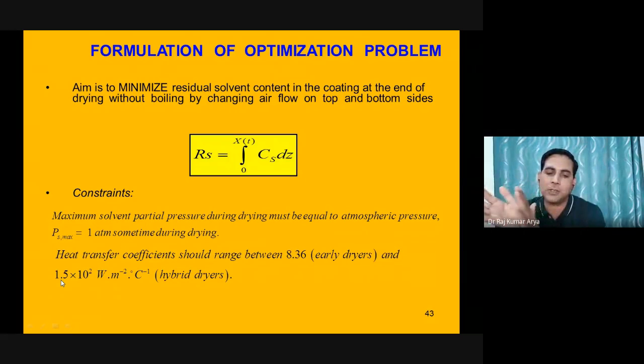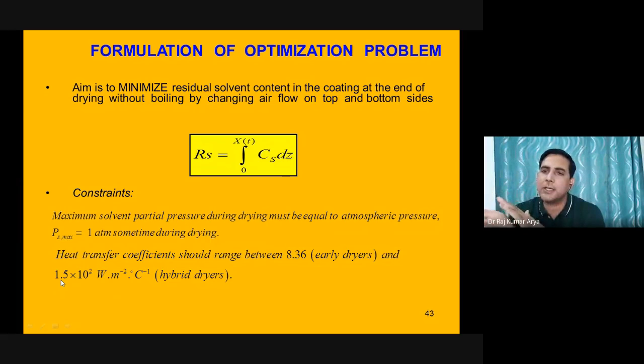You can change your heat transfer value within this range. You also have to take a pressure. What should be the pressure in my chamber? Let's say you want to dry in atmospheric conditions, so your pressure is 1 atmosphere.